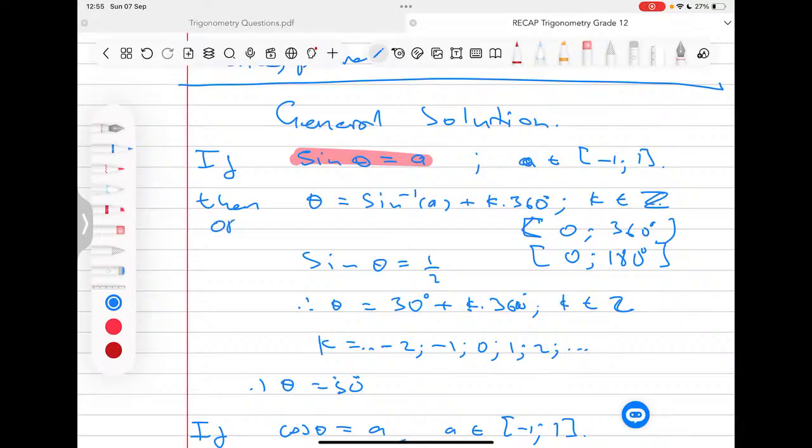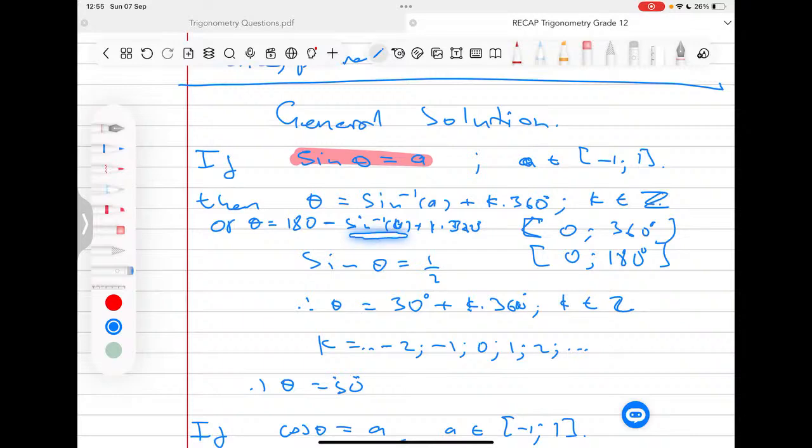So the other condition here would be that we have theta to be equal to 180 degrees minus the sine inverse of A plus K 360 degrees. The reason why we say 180 minus the sine inverse is because sine also exists in the second quadrant.